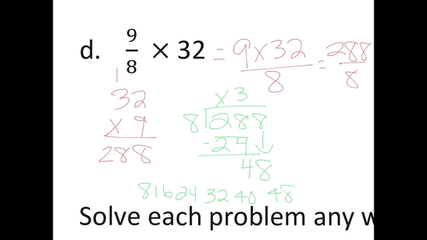So it looks like it can go 1, 2, 3, 4, 5, 6 times. So that's 6. That's 48. Let me erase that really quick. All right. So that's going to give me 6 times 8 is 48 with no remainder. So that means I've got 36 as my answer.